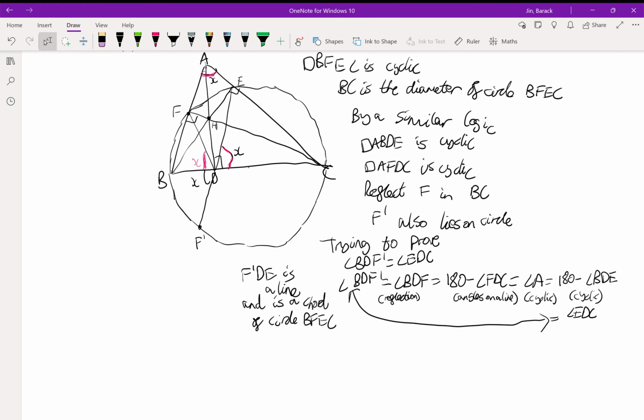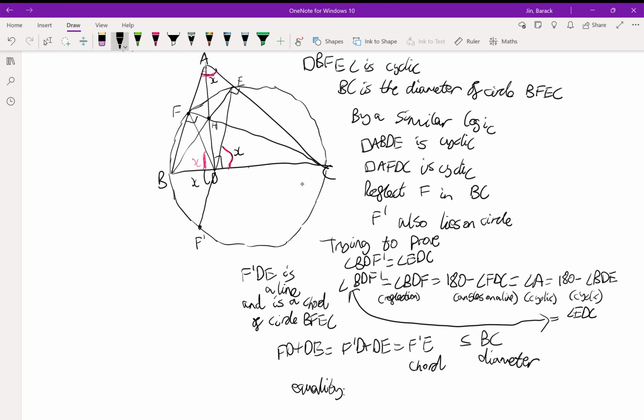So a chord is at most the diameter, so FD plus DE equals F'D plus DE, which is equal to F'E, which is a chord, and it's less than or equal to the diameter BC, so that's the diameter. We've proved this. Now, the case where equality holds is when D is the midpoint of BC.